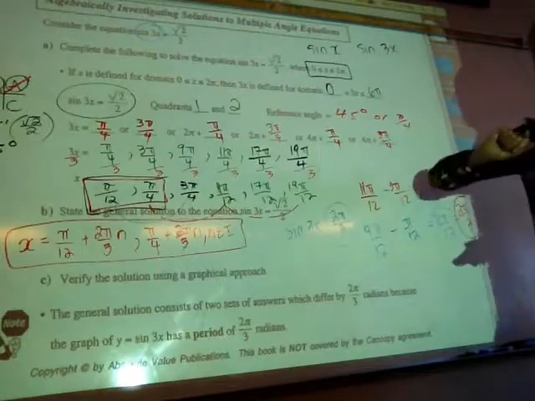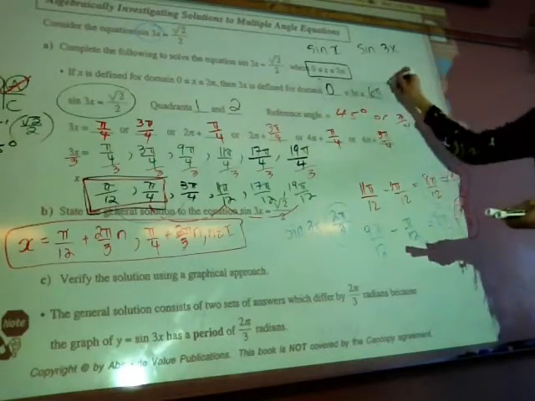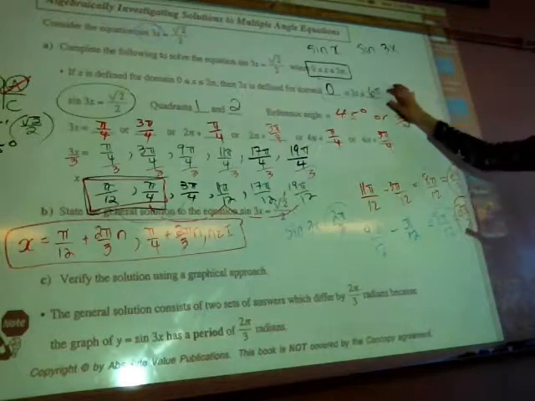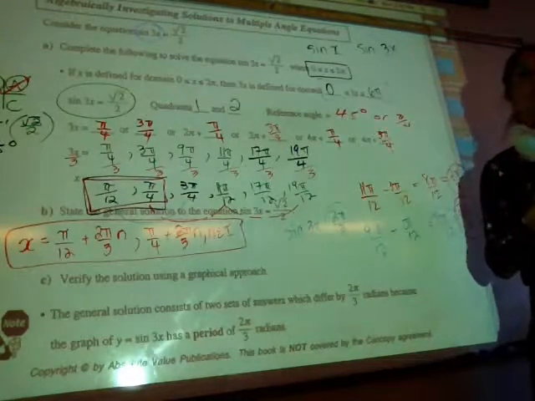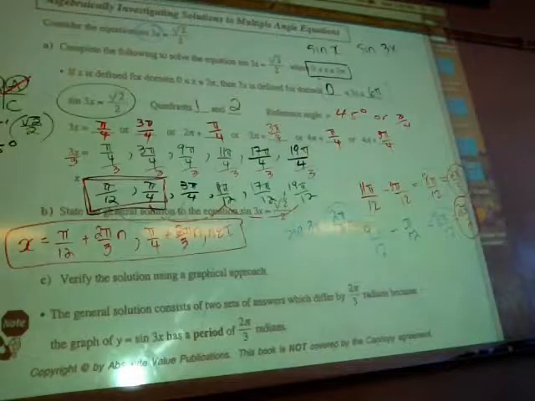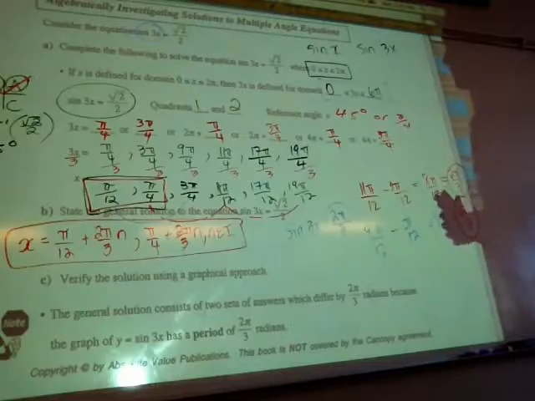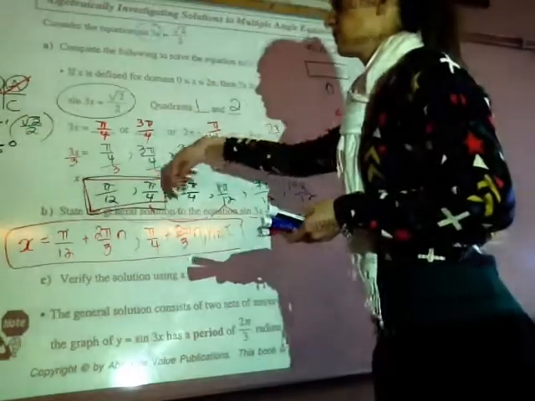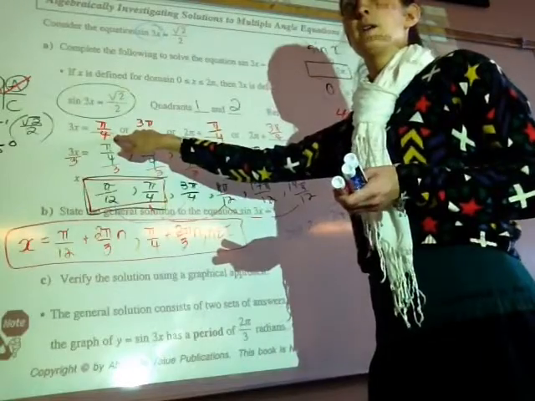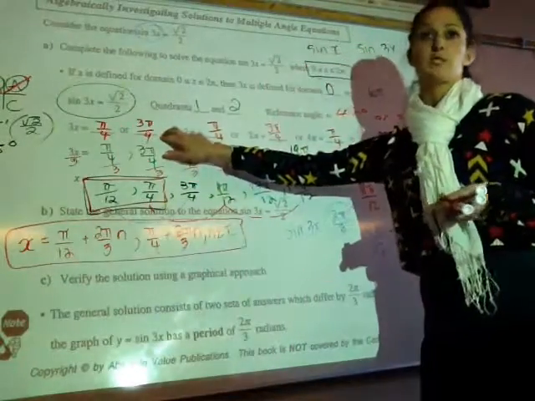If they wanted the solutions for 3x, you would have to use this domain here. So 3x goes between 0 and 6 pi. Really good question. In the case where it described this domain, yes, your general solution would be pi over 4 plus 2 pi n, and 3 pi over 4 plus 2 pi n.